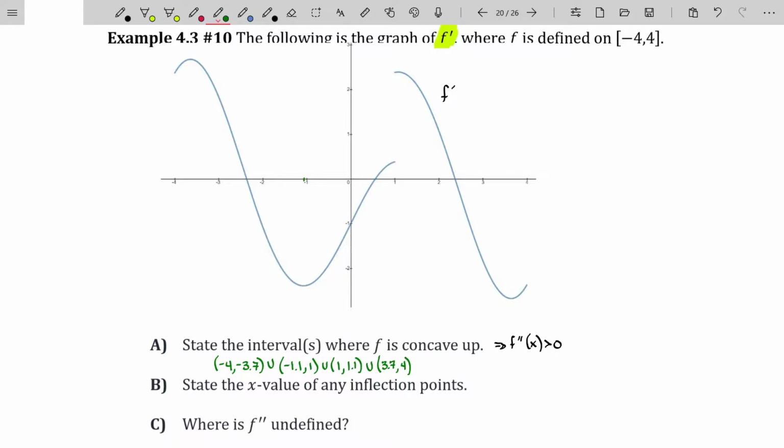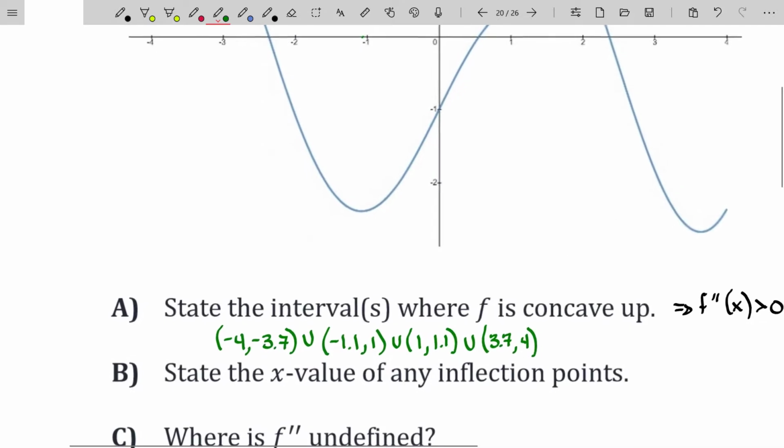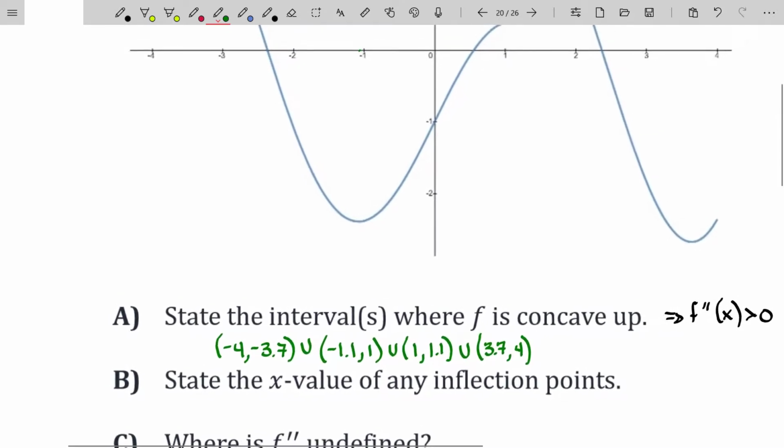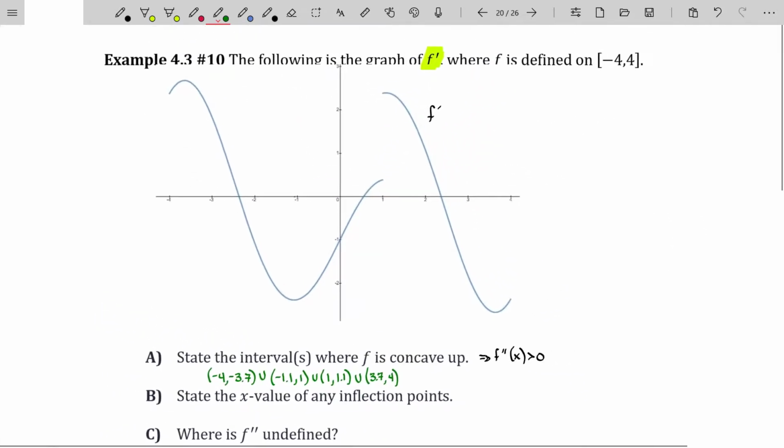Now here's the second question, right? State the x values of the inflection points. Well, the inflection points occur when the second derivative changes sign. And the second derivative changes sign when the first derivative goes from increasing to decreasing, or from decreasing to increasing, right? So all of these values I'm circling, they have associated x values where our regular function has an inflection point.